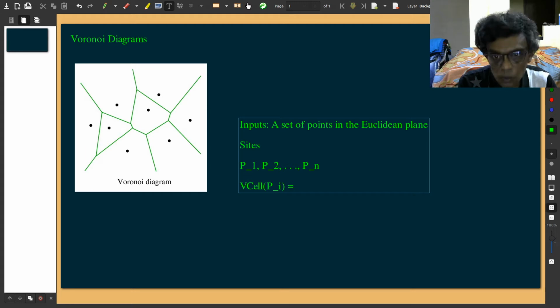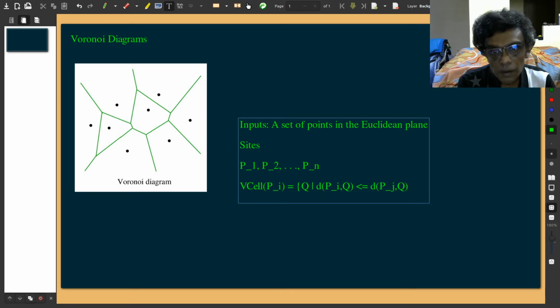This is equal to the set of all points, let's call Q, in the two-dimensional plane such that the distance of Pi from Q is less than or equal to the distance of Pj from Q, for all j not equal to i.